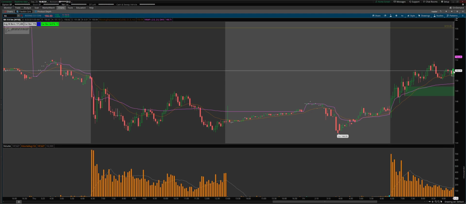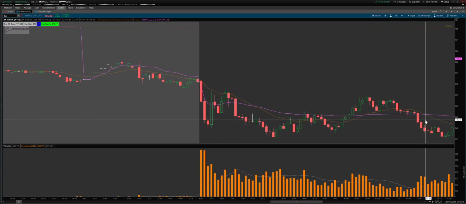So he probably would have seen this happening, he probably would have entered this before the green candle engulfed the red basing. But just to be on the safe side, you guys typically want to wait for the green candle to fully engulf the red candle to take this long.